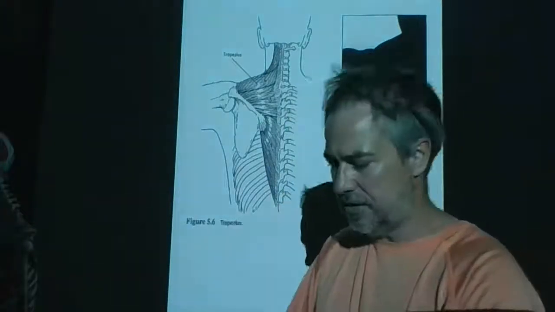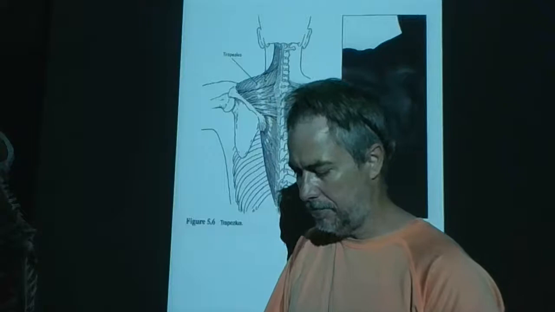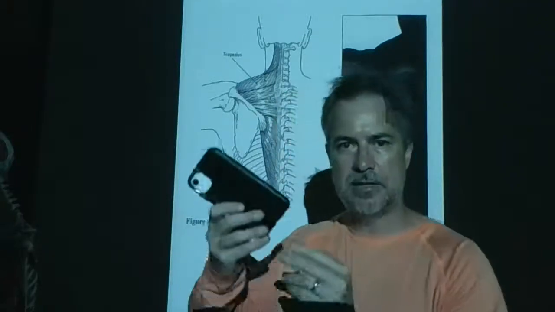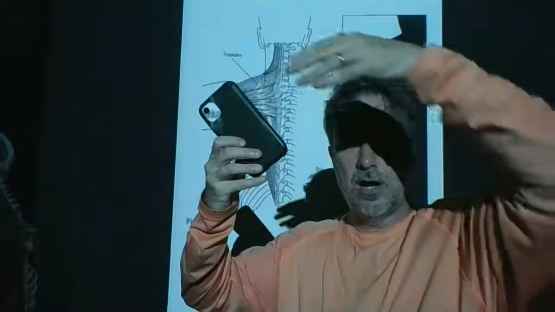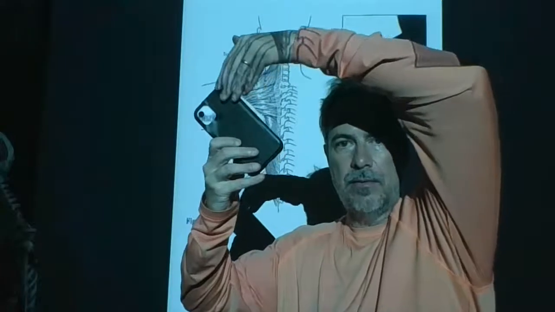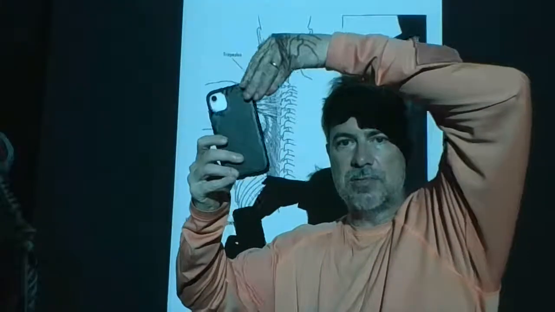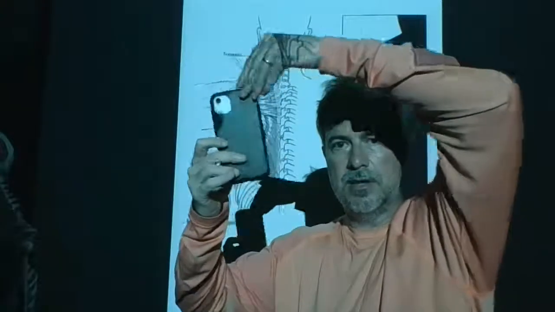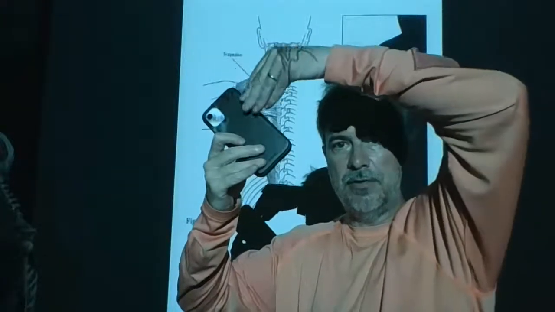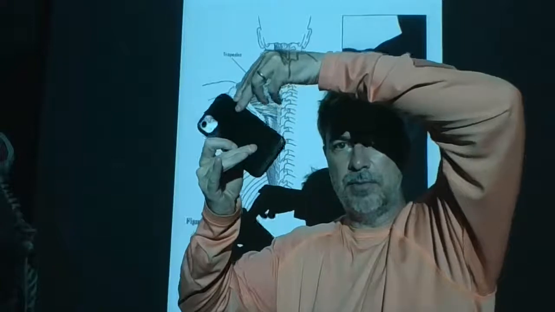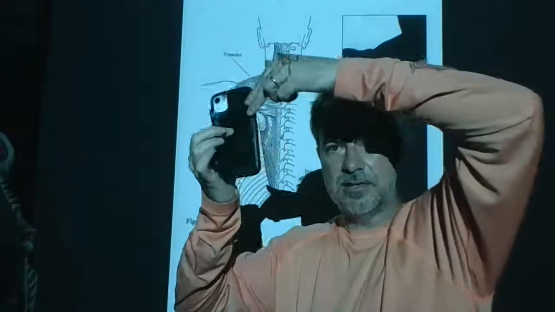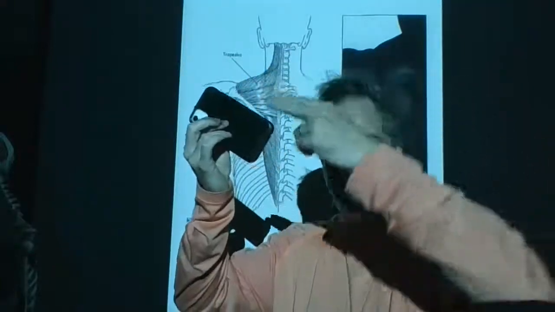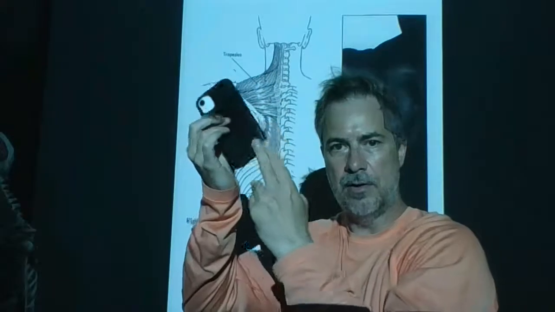So back to this analogy. Good Lord, how'd that happen? Back to this analogy. The upper fibers are trying to spin the scapula in a direction of upward rotation. So, heck, even the middle fibers are trying to pull in the direction, if this is the axis. And then the lower fibers are also trying to pull the scapula in a direction.